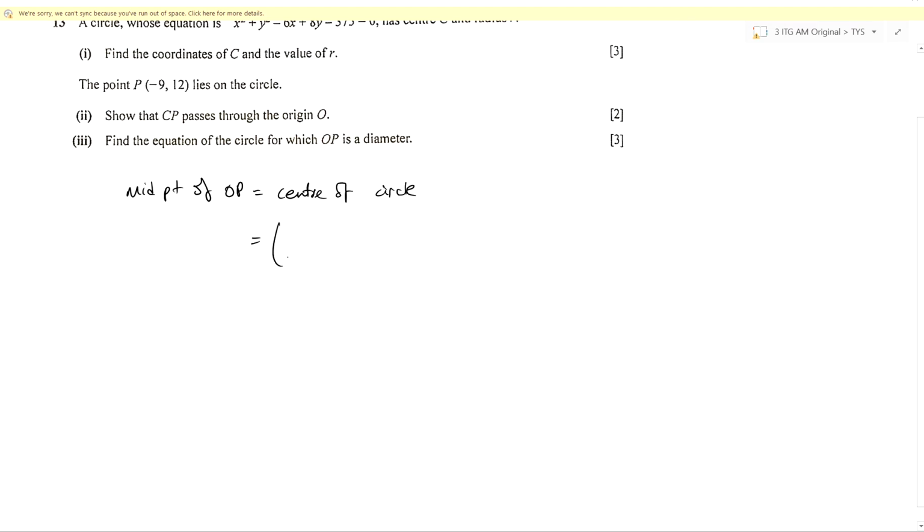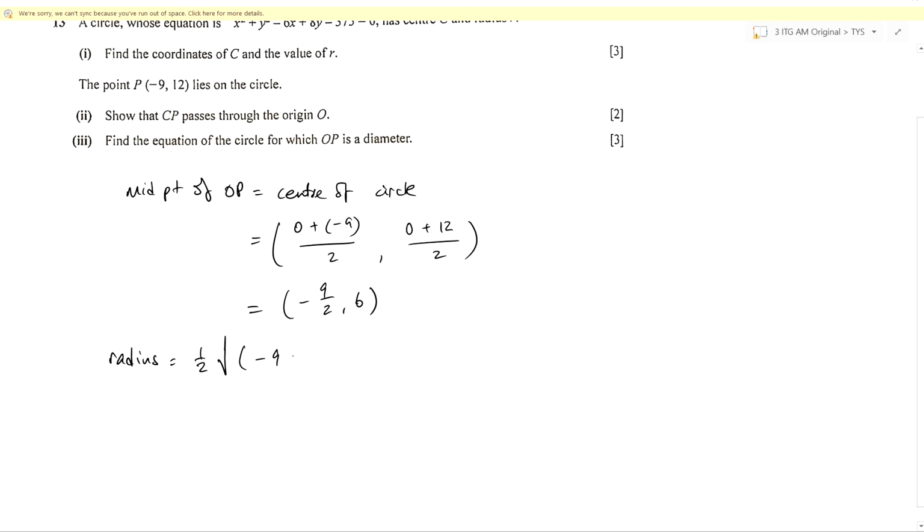The midpoint of OP, 0 plus -9 over 2, 0 plus 12 over 2. And so our center is -9/2 and 6. Now we need the radius. It is going to be half of the length of OP.